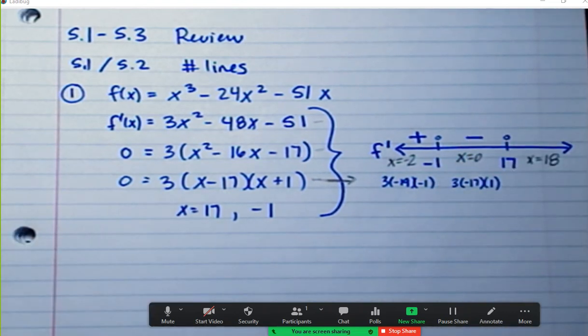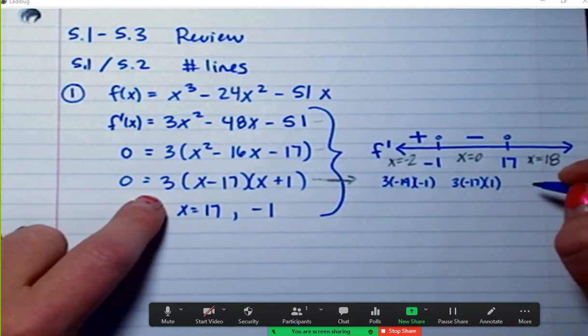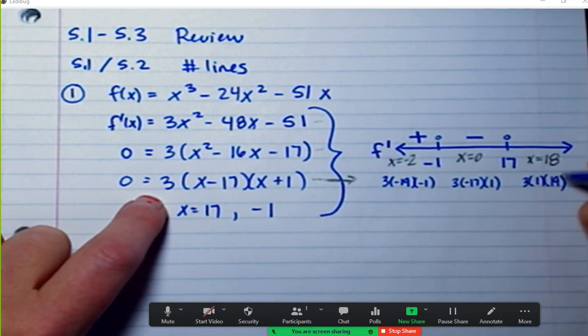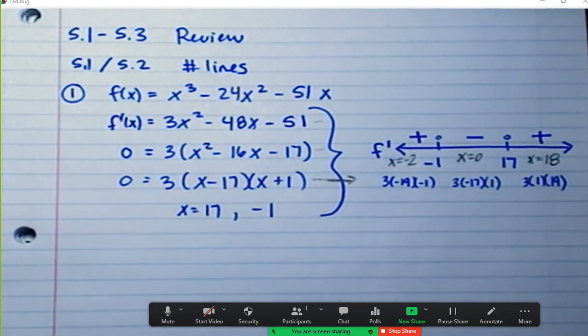Negative. Okay, and I'll let you do the third section. Okay, so I get positive.